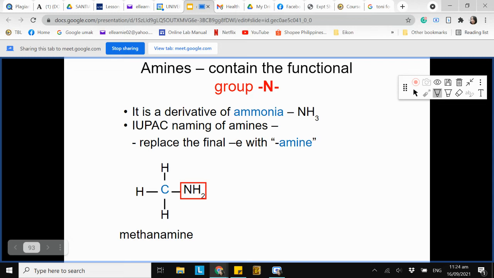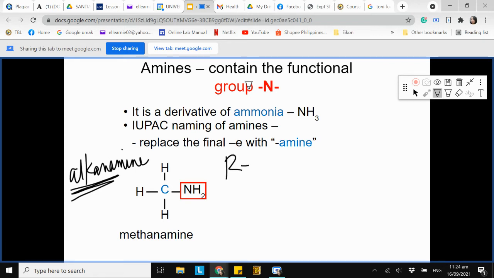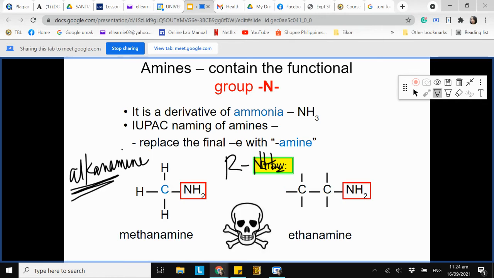If you're going to do the IUPAC name, it's alkanamine. So this is the parent chain or your R group. The formula of this is RNH2. So for ethanamine, two carbons. So place all the necessary hydrogens. So two carbons and NH2.